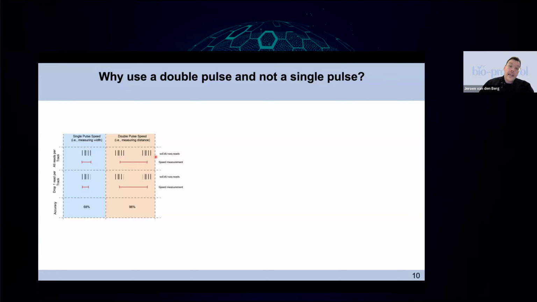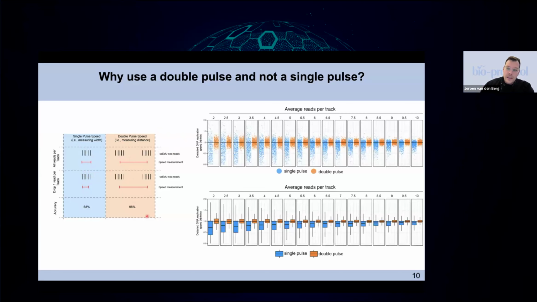Now, if we use a double pulse speed measuring exercise, we can lose one read from each of the pulses, right? So in that sense, a similar amount of reads per pulse, but still our speed estimation would be almost 100% accurate. And this is illustrated in this simulation, where we have taken on average 2.5 or 3.5 reads per one of these tracks, and then remeasured what the speeds are in these particular conditions.